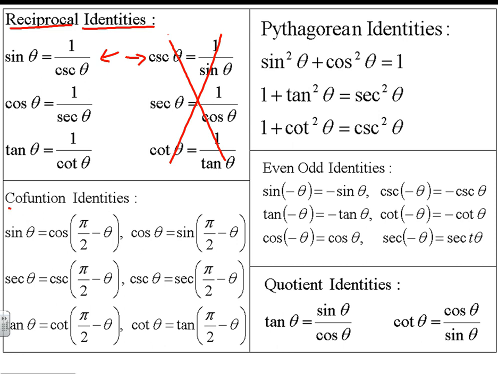Cofunction identities, this might be a new one, and it looks like, oh, 6 things we have to memorize, but this is a one-size-fits-all. Cofunction: sine, cosine, secant, cosecant, tangent, cotangent, cosine, sine, cosecant, secant. That's why they're called cofunctions.